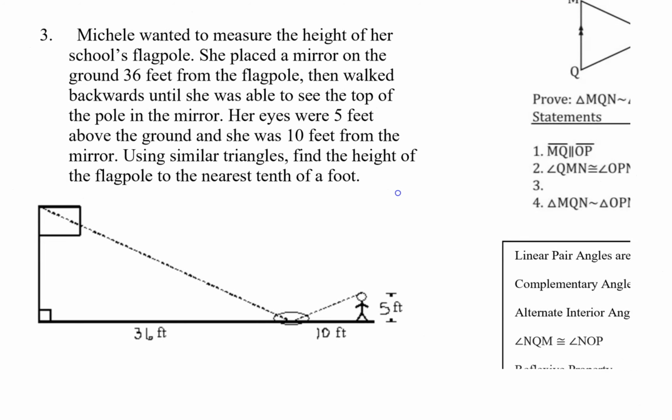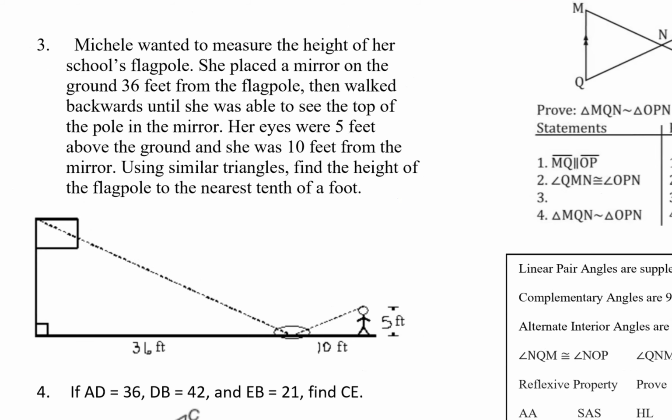Okay, so here we have one of the flagpole sort of pictures. Everything is labeled for us. Find the height of the flagpole to the nearest 1/10 of a foot. Okay, so that's our variable. These are similar triangles, so I can set up 5 to 10 equals x to 36.